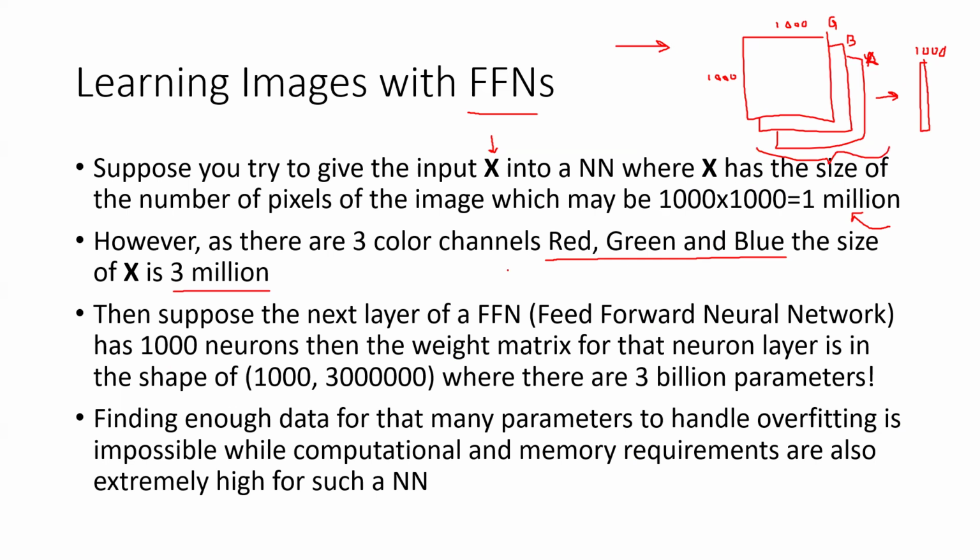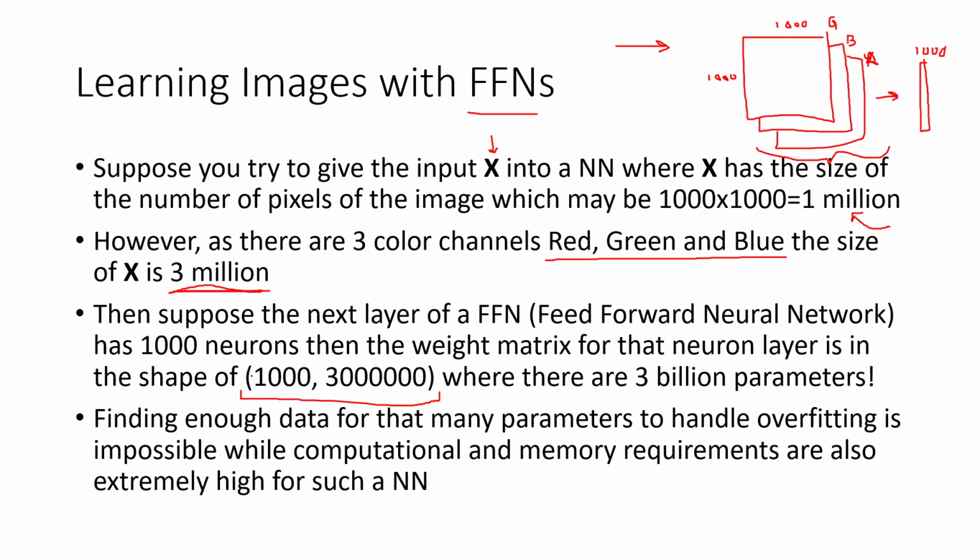And for 1,000 neurons in this layer, how many connections do you have to have? You have to have 1,000 times 3 million connections. So your weight matrix should have a shape like this, right? So when you train a neural network, you have to remember that.